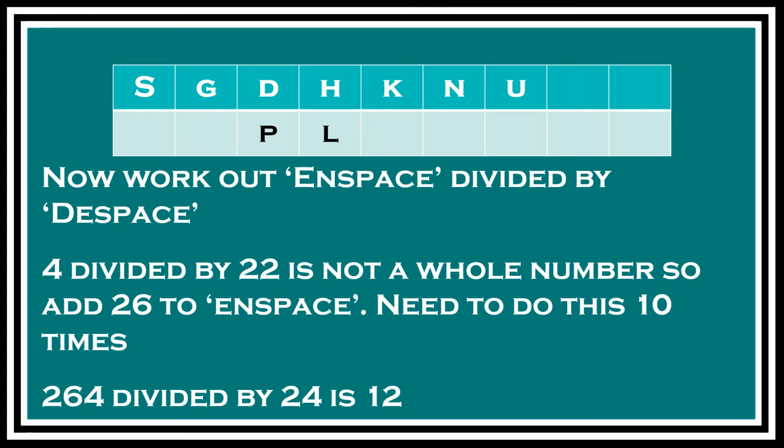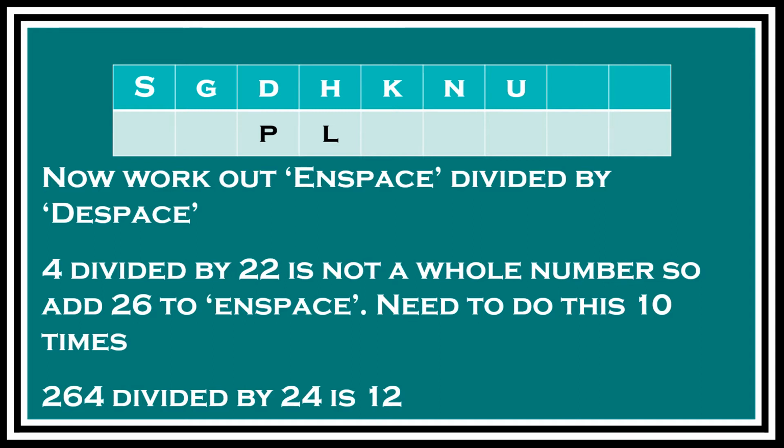Add 26 again, that gives us 56, divide that by 22, still not a whole number. 56 plus 26 is 82, divide that by 22, still not a whole number. 82 plus 26 is 108, not a whole number, so add 26 again, which gives us 134, not a whole number, so 134 plus 26 is 160, not a whole number. 160 plus 26 is 186, still not a whole number.